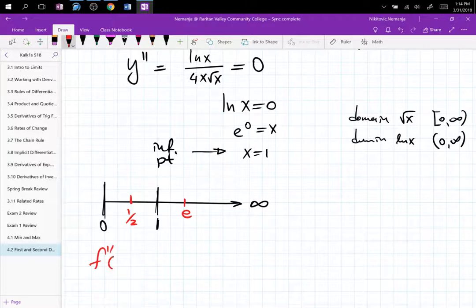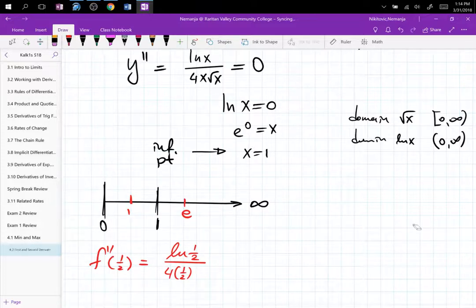So second derivative computed at 1/2. Great. That's going to be ln of 1/2 divided by 4 times 1/2. Oh, I should have, I'm not going to choose that. I'm going to change this. I want to use a quarter. So 1/4.